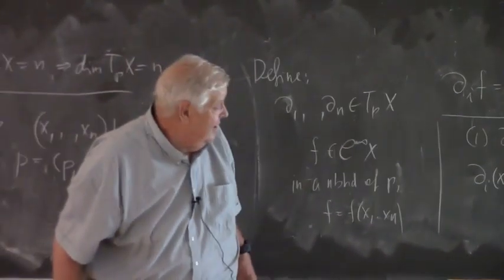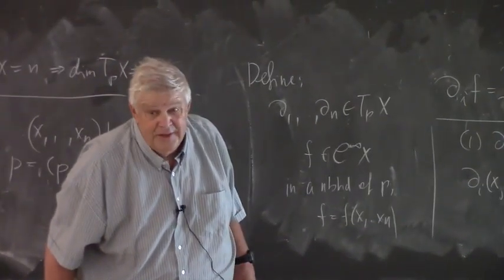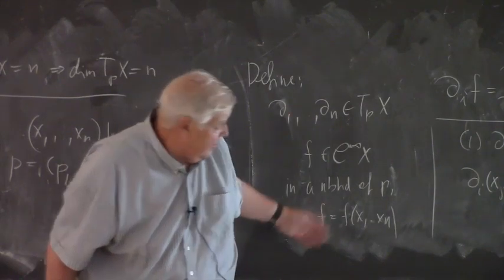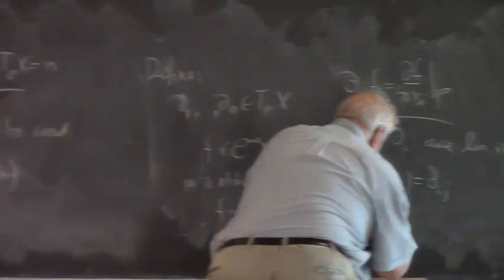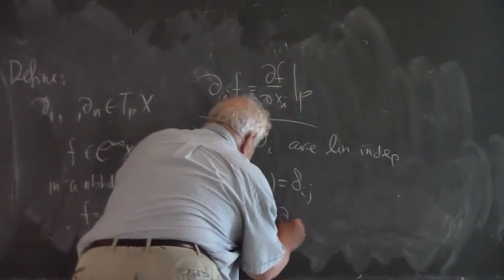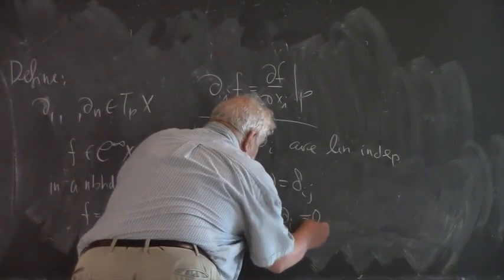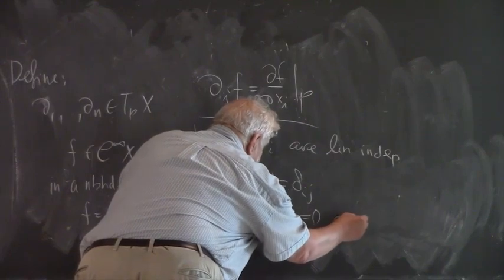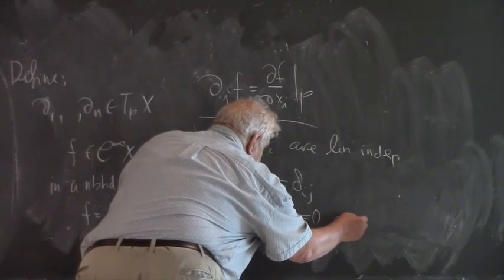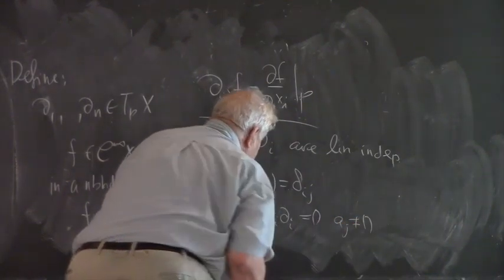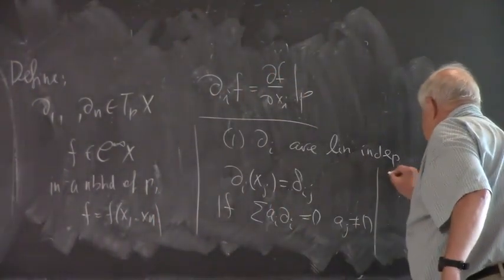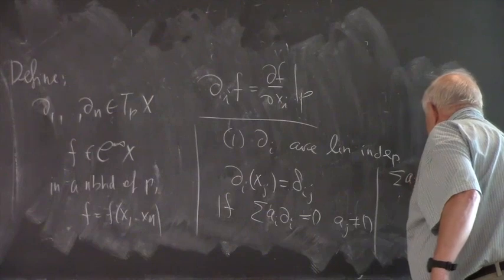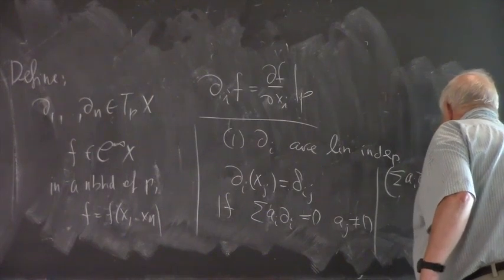Now, from this it certainly follows that the di's are linearly independent. Look, if the sum ai di is 0, and some a, say aj, is not 0, then I get a contradiction if I apply this to xj.